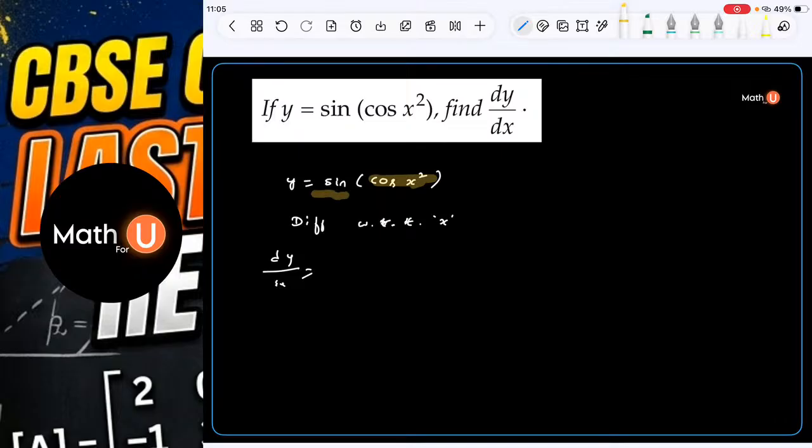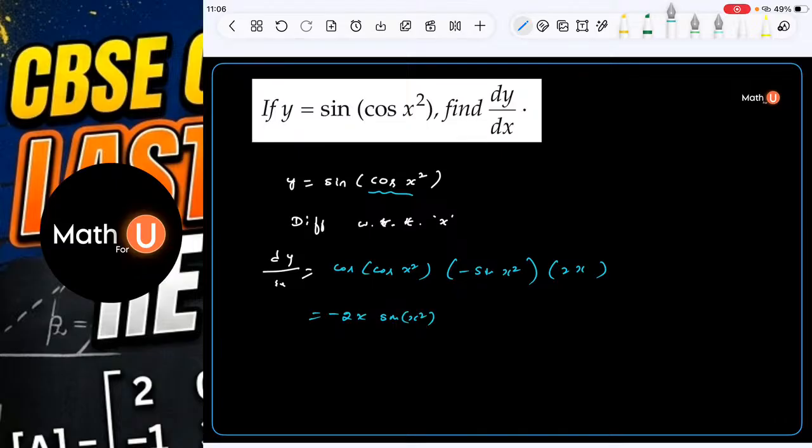First differentiation, sine differentiation is cos. In place of x, cos x square. Again, cos x square differentiation is minus sine x square. Again, x square differentiation is 2x. Chain rule you should apply like this. Okay, you can rearrange this: minus 2x sine x square and cos of cos x square. This is our required answer.